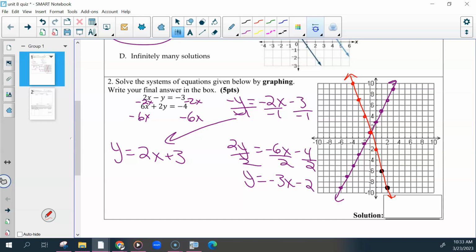And then the other one will look like that. So they crossed at negative 1, 1. That was your solution. And the solution was worth 1.